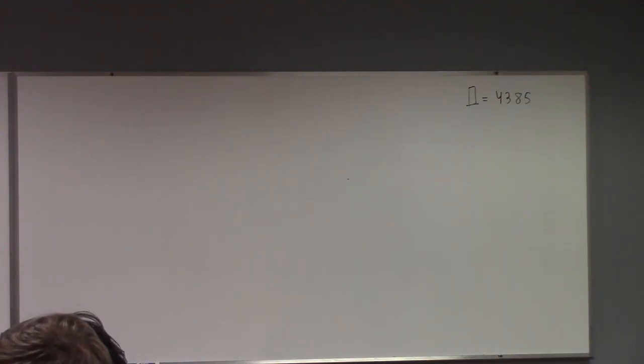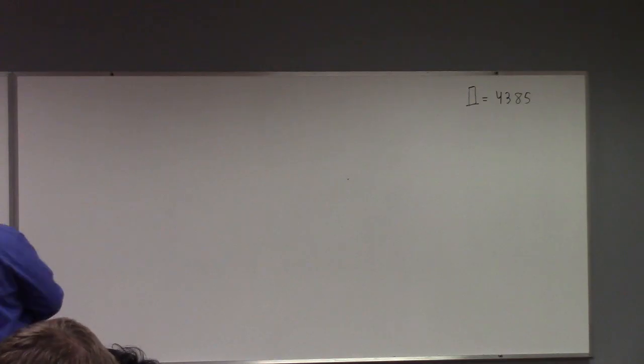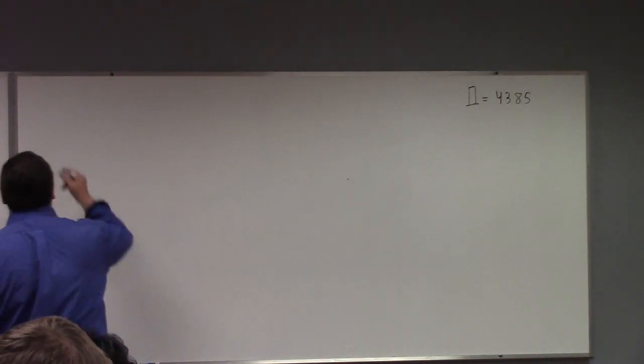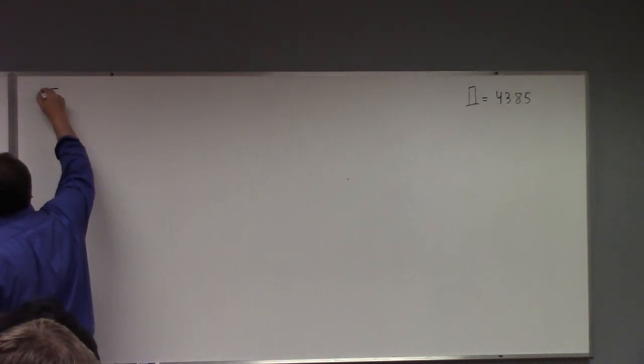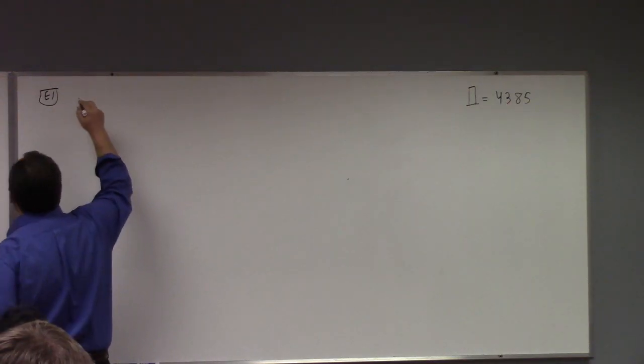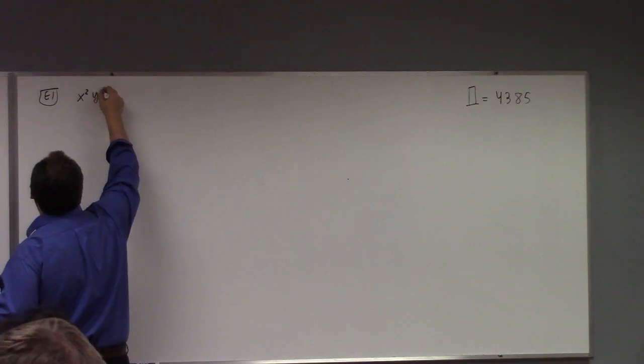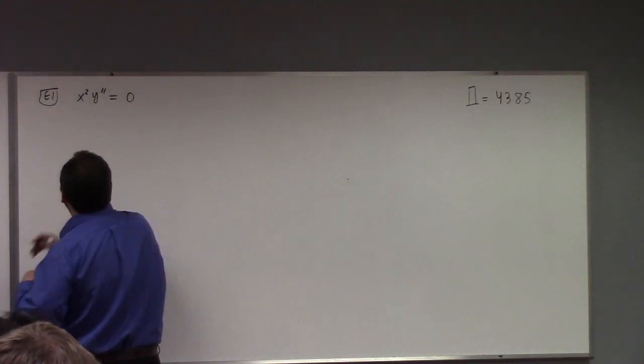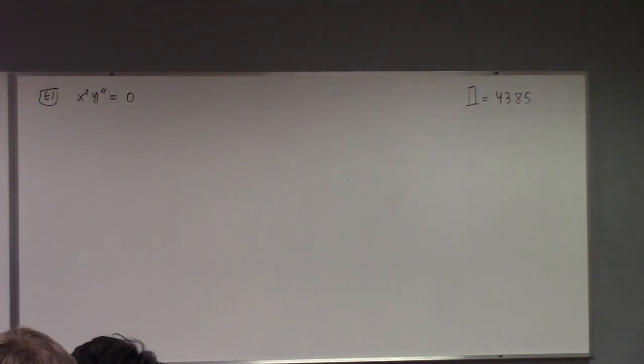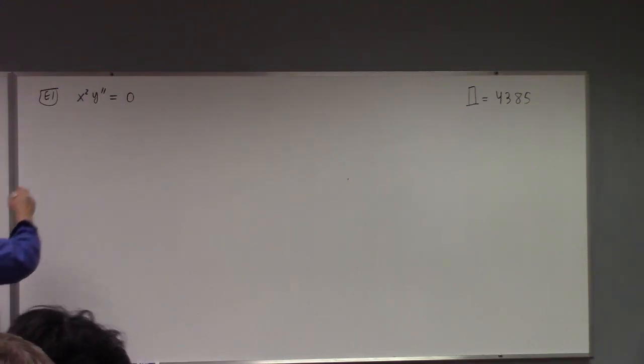Excellent. So let's look at some specific examples in the n equals 2 case, because that's mostly what I'm interested in here. Example 1. How about x squared y prime prime equals 0? All right. So I write down my characteristic equation.